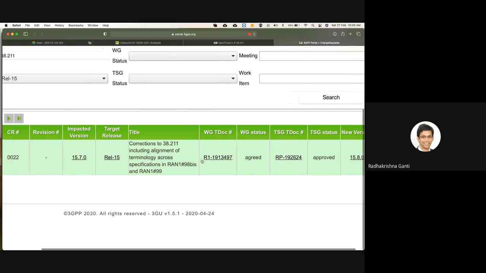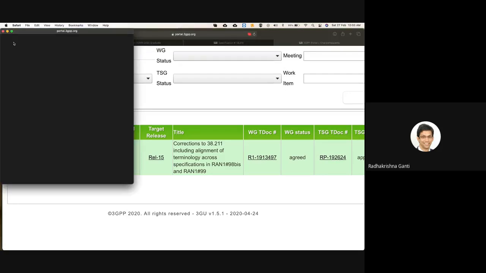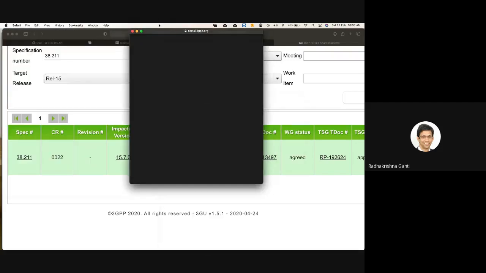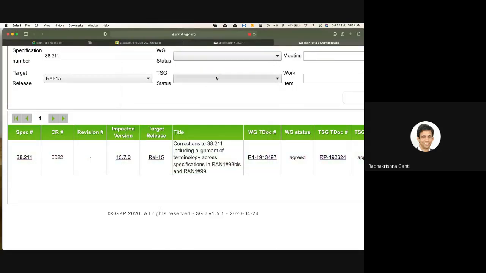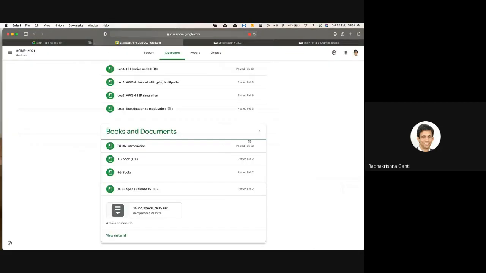All these documents can be opened up. You can also get more details by clicking on this TDoc. We're also going to use a lot of TDocs in our class. Anyway, we'll do that later. It will take time for us to know. So you can get all these documents from Google.